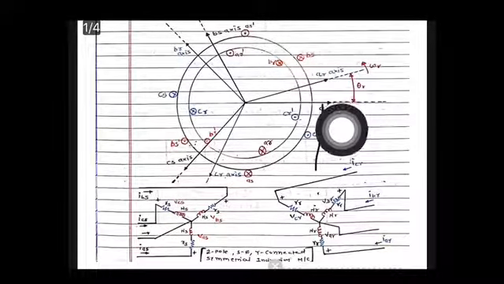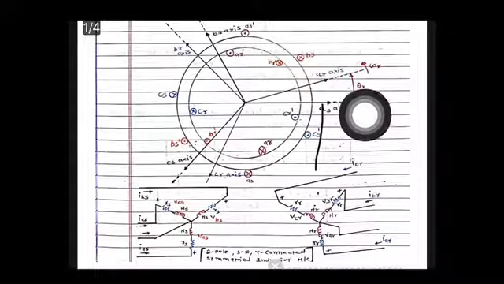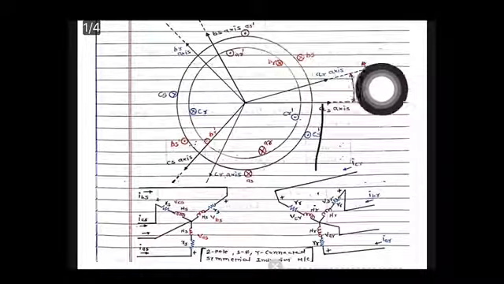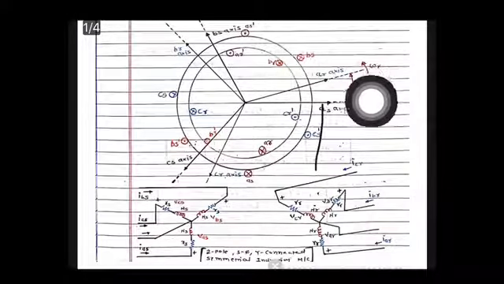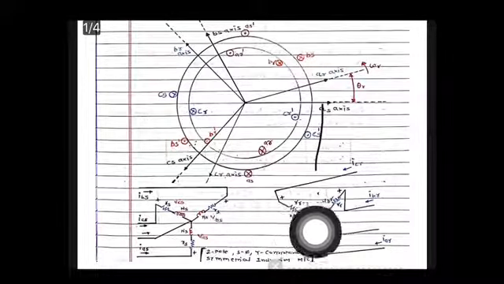AR and AS is displaced by theta r angle, and the rotor axis is rotated at the speed omega r. So this is the winding diagram.